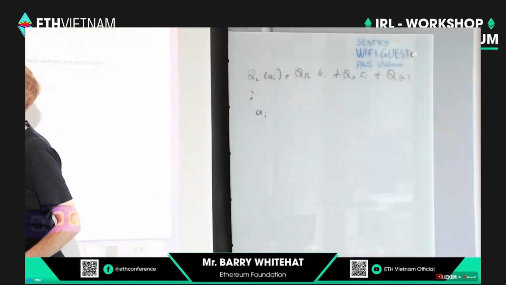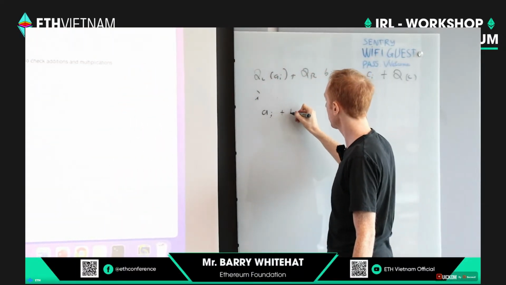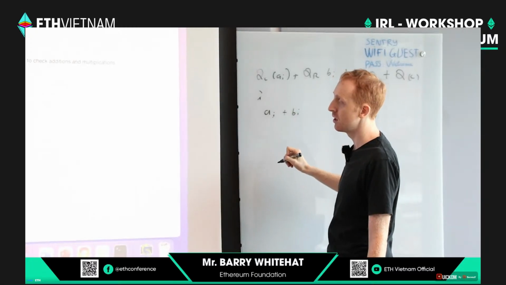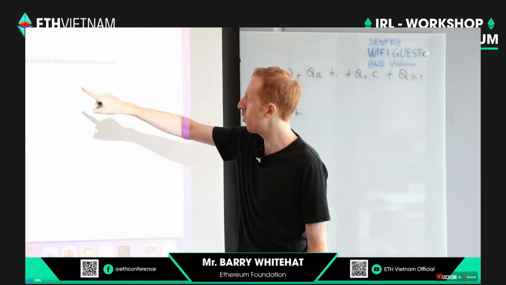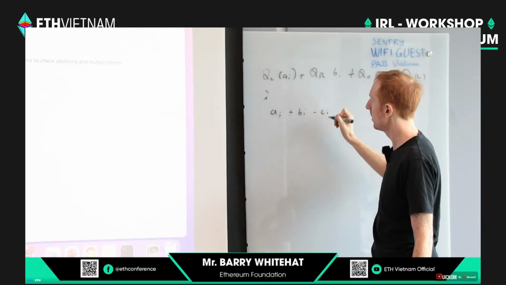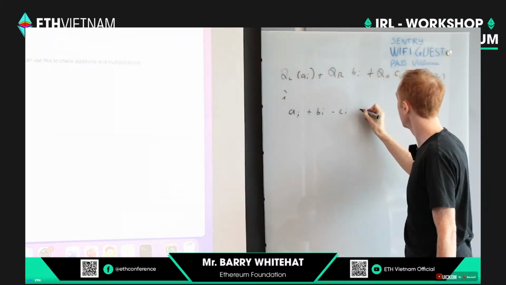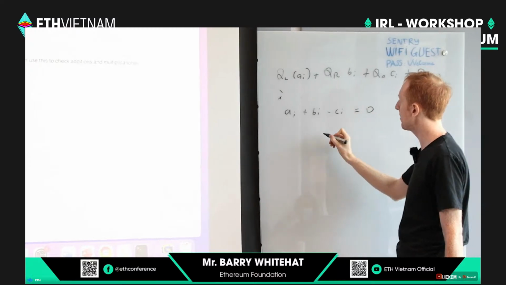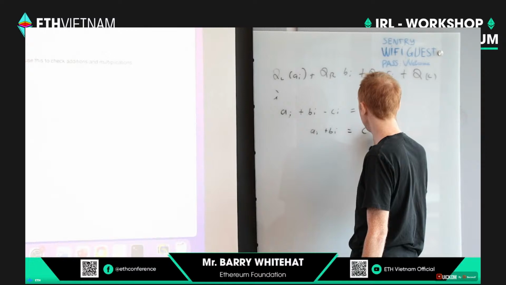QR is 1, it's BI, plus BI. QM is 0, QO is -1, minus CI, and QC is 0 equals 1. And that's basically the same as saying AI plus BI equals CI.